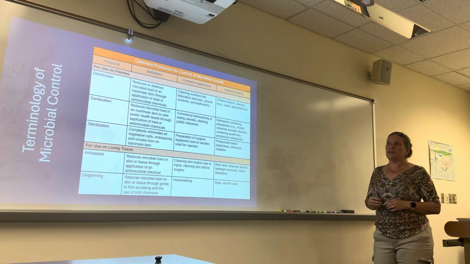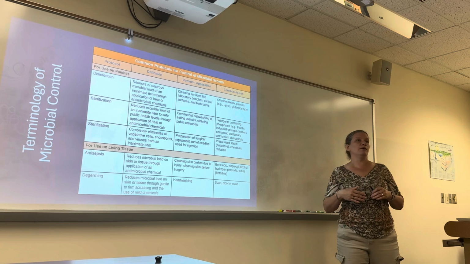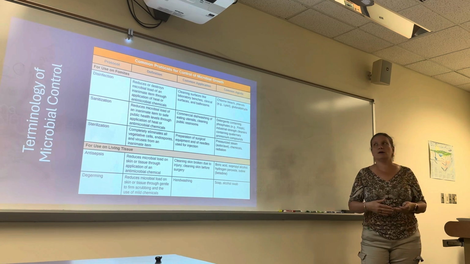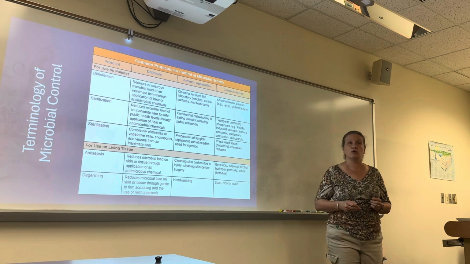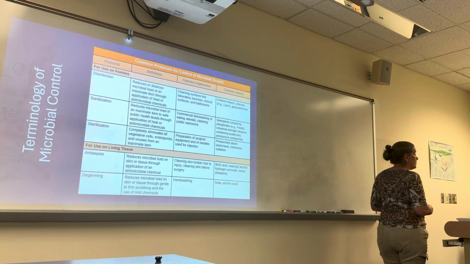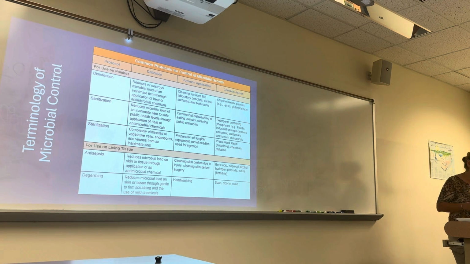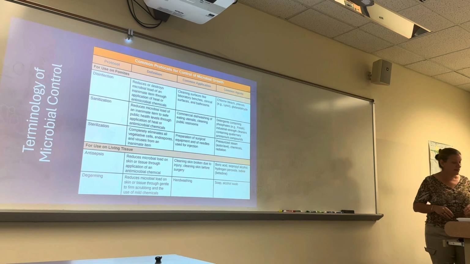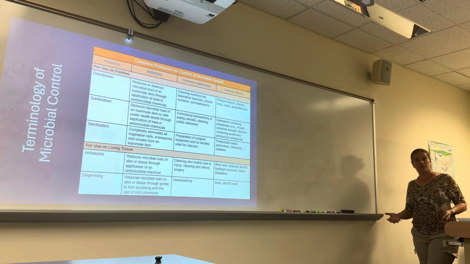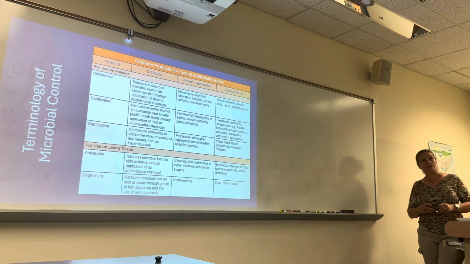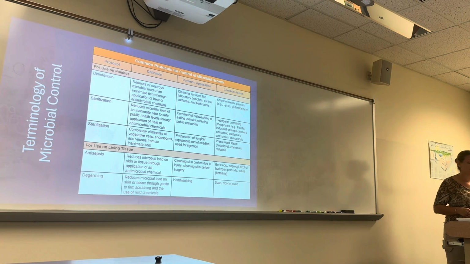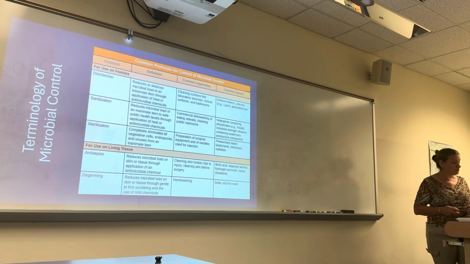Now, sterilization, I'll start with that. That's the most severe form of microbial control, because sterilization means that you are killing all vegetative cells, spores, viruses, basically anything living, and deactivating any virus that's out there.